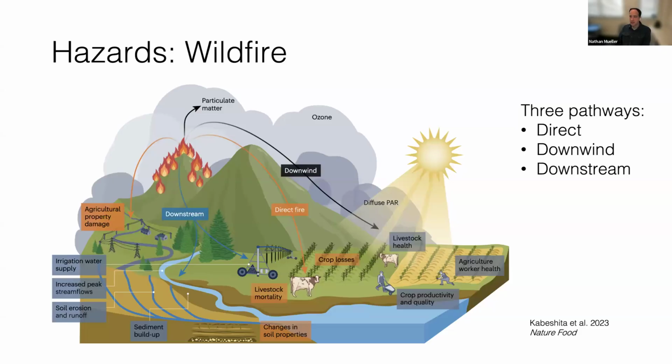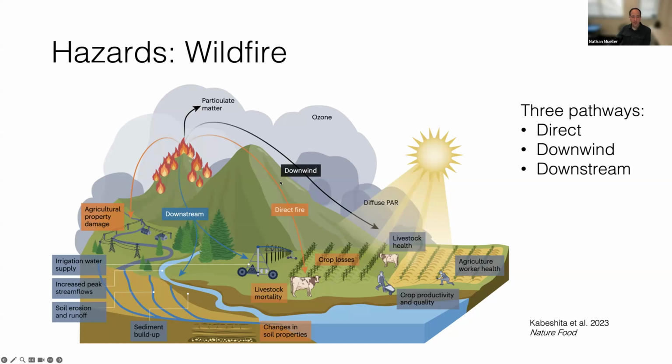So I had a really amazing undergrad join the group around then, and we did this literature review and came up with this pathway study where we looked at all of the different ways that wildfire can affect agriculture and identified three main pathways.